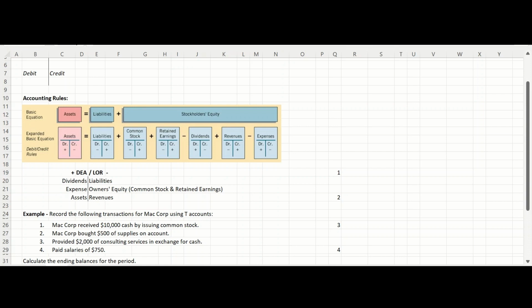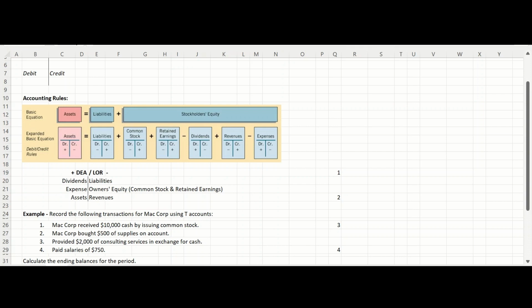And then we expand it out further: we're used to the first four boxes, assets equals liabilities plus common stock plus retained earnings. And then the last three boxes are the different types of accounts that can affect retained earnings, and they're listed based on the effect to retained earnings. So we have dividends, which decrease retained earnings, being subtracted; revenues, which increase retained earnings, being added; and then expenses, which also decrease retained earnings, being subtracted.